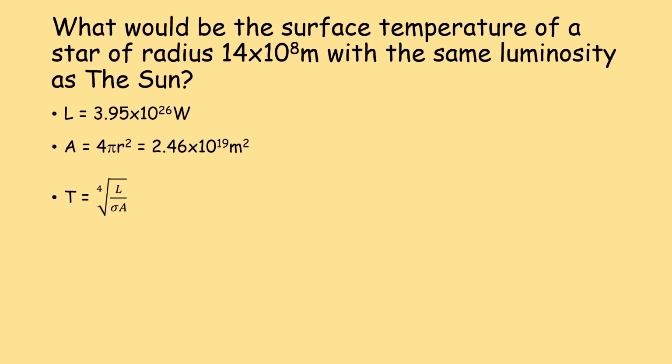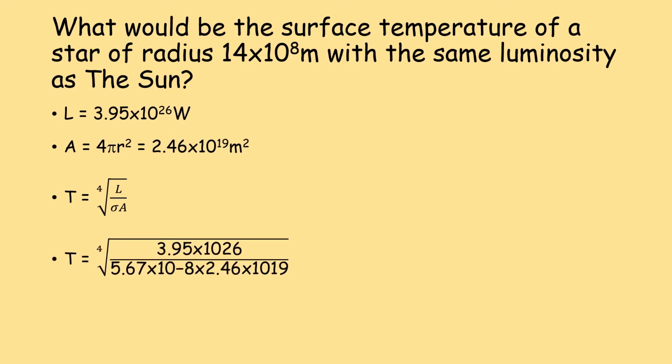The temperature is the fourth root of the luminosity divided by the Stefan-Boltzmann constant multiplied by the area. And that gives us this. Apologies, my powers seem to have gone a little bit odd here, but this is 3.95 times 10 to the power of 26 divided by 5.67 times 10 to the minus 8 times 2.46 times 10 to the power of 19, all in the fourth root. And this gives us a temperature of 4,100 Kelvin.